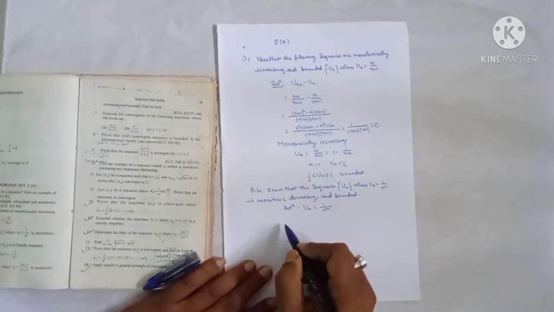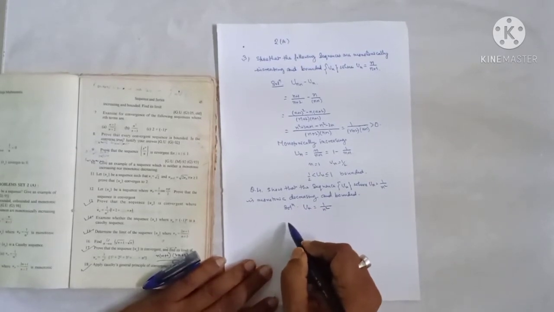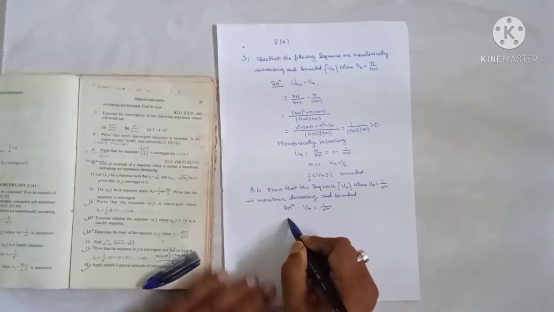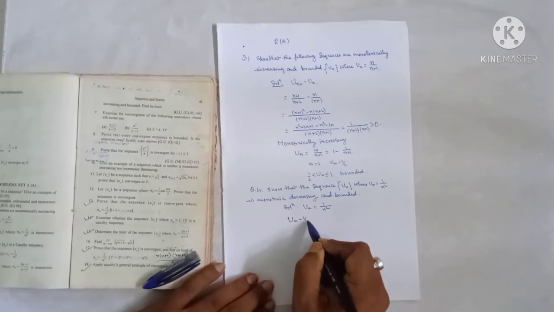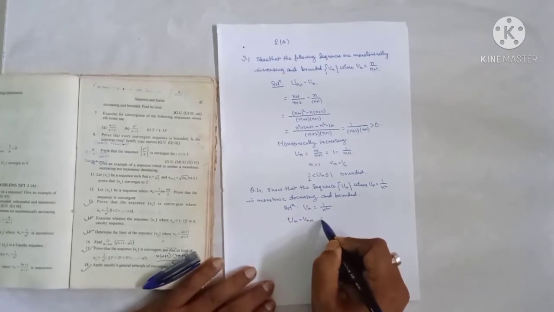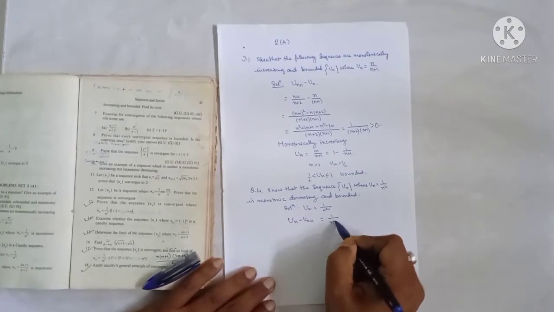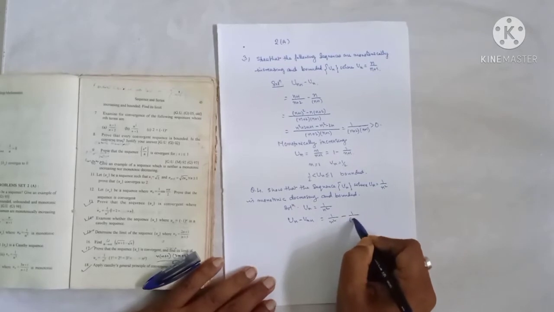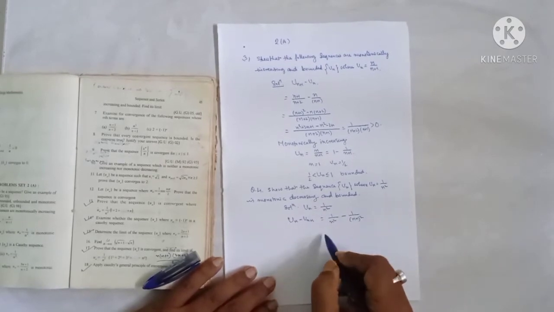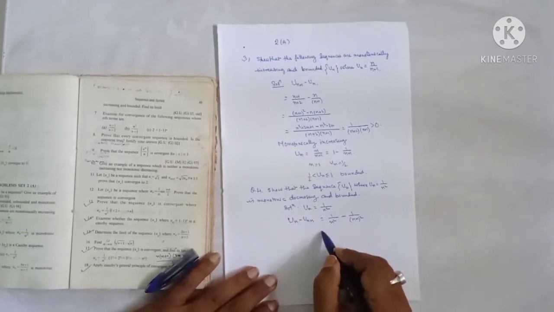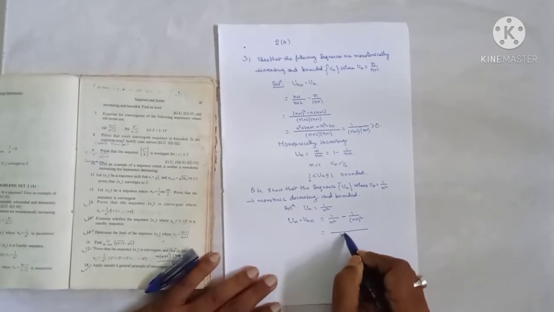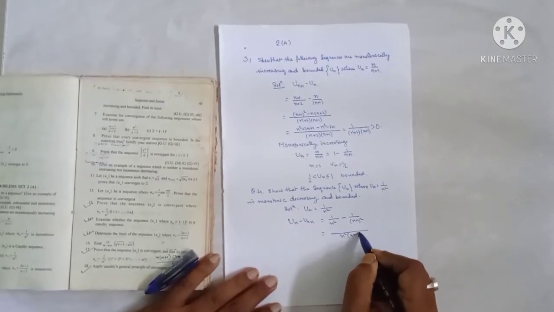Again the same procedure. If you do un minus un plus 1, that is 1 by n square minus 1 by n plus 1 the whole square. So your LCM will be n square, n plus 1 the whole square.